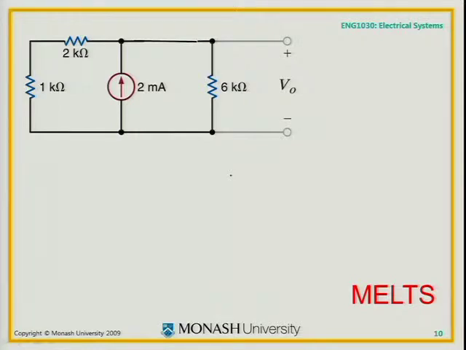That's a current divider. Use any circuit analysis technique you want, but it's simple enough that you just have a current division. The 2 milliamps flowing up can choose 2 paths. It can go through the 6K resistor or the series combination of 2 plus 1, 3K. So current division that we did back in week 2, or simple 2-node circuits.